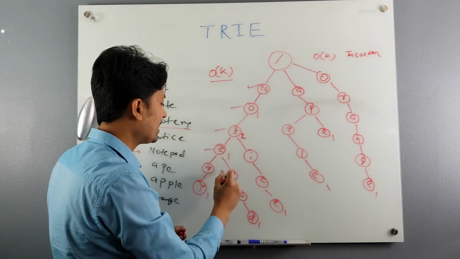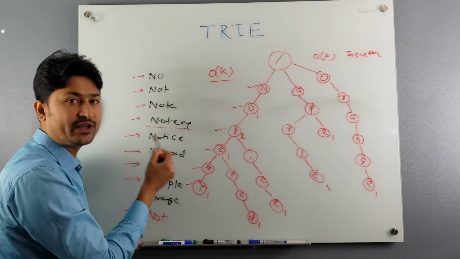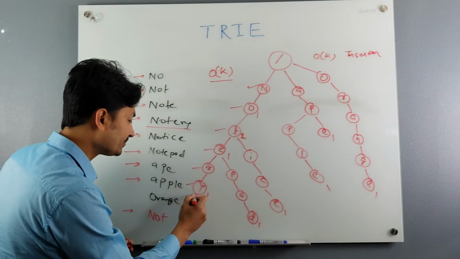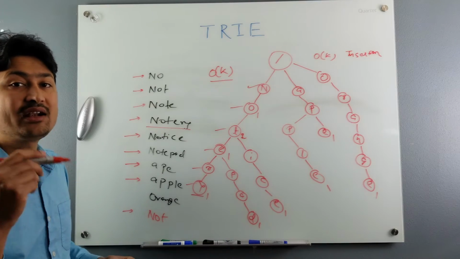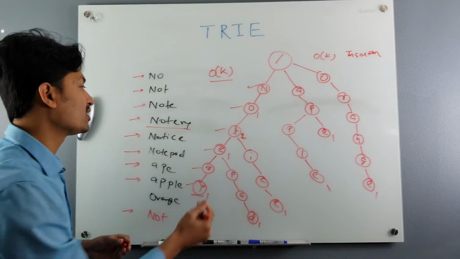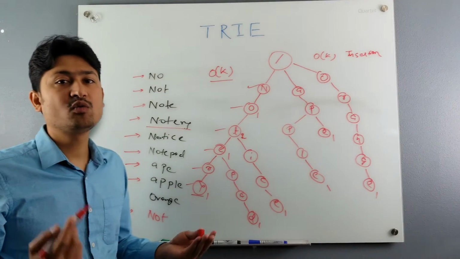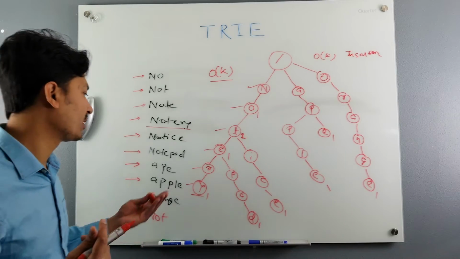T, E, R, Y. Once you have completed that word and you found every character in the trie, you see the count attribute has to be greater than 0, saying that was a word. So that's also similar to the complexity in the hash map.